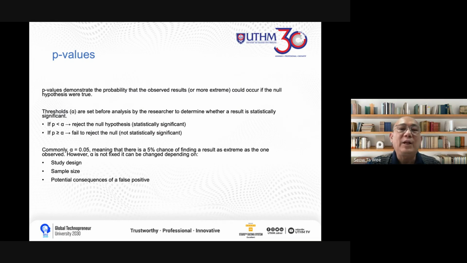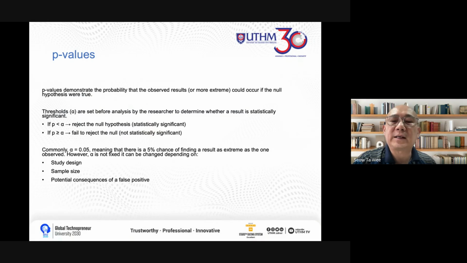The p-value demonstrates the probability that a result as extreme as the one observed could occur if the null hypothesis were true. So commonly the p-value we consider is 0.05.